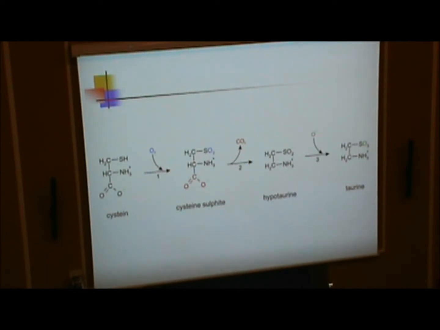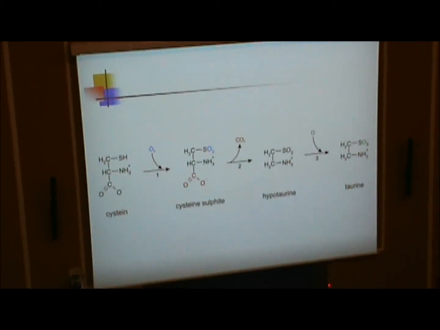So, the cysteine is converted into cysteine sulfinate. The SH group is oxidized, forming SO2 group. What happens next? In the next step, the cysteine sulfinate is decarboxylated.